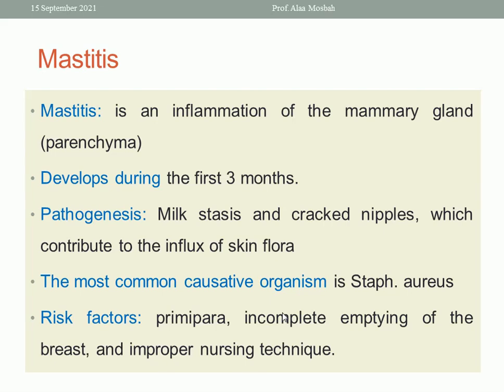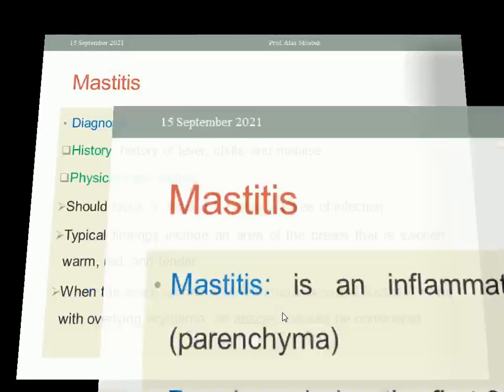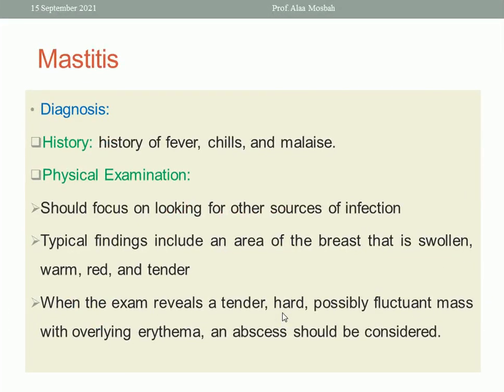The most common organism is Staph aureus. Risk factors include primipara, incomplete emptying of the breast, and improper nursing technique. That's why you should counsel and teach the patient how to do breastfeeding and how to care for the breast.